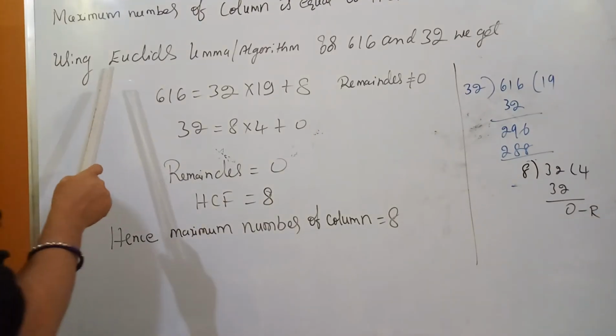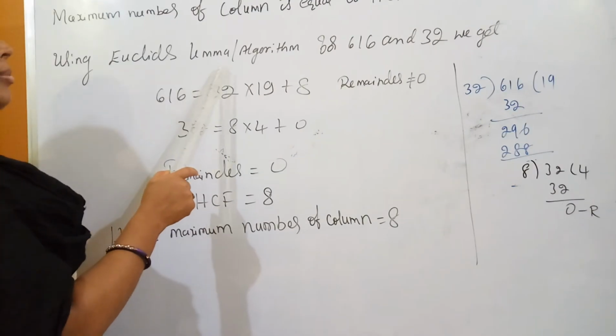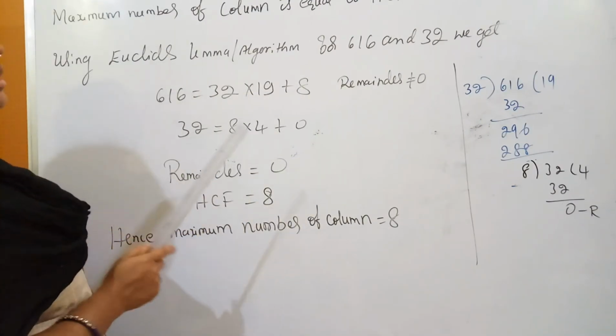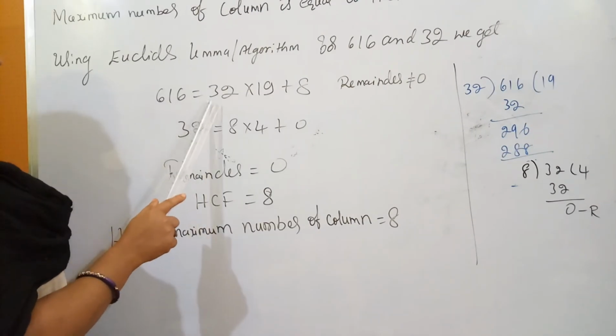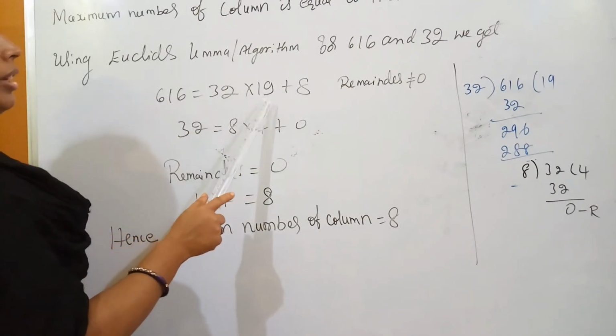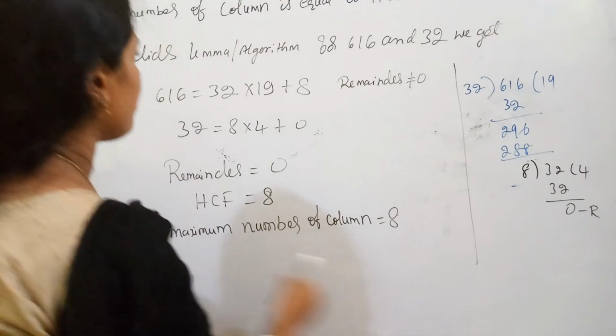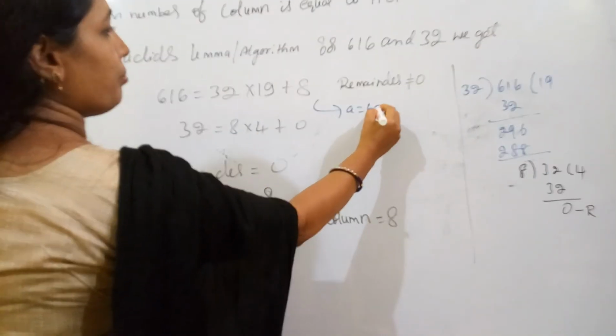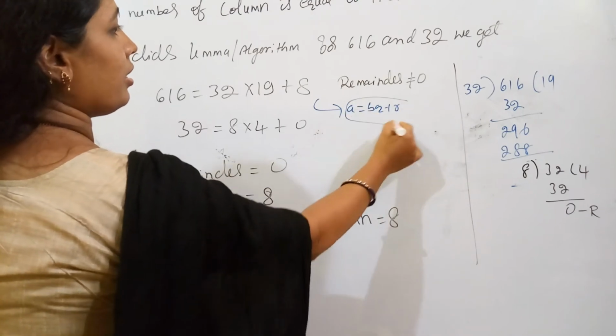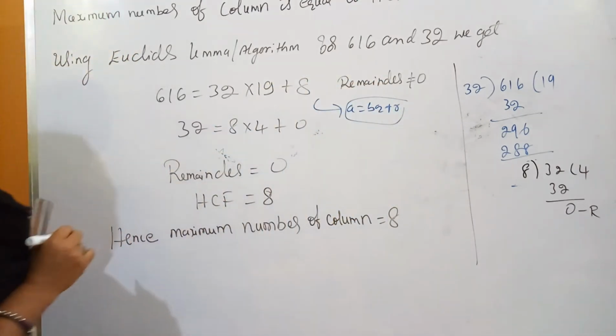So applying Euclid's lemma to find the HCF of 616 and 32, 616 can be expressed as 32 into 19 plus 8. This is in the form a is equal to bq plus r, Euclid's division lemma.